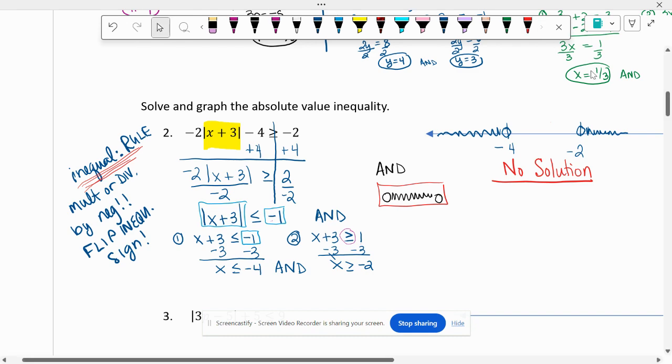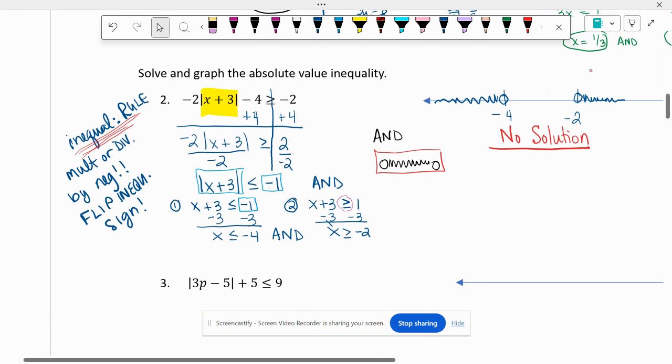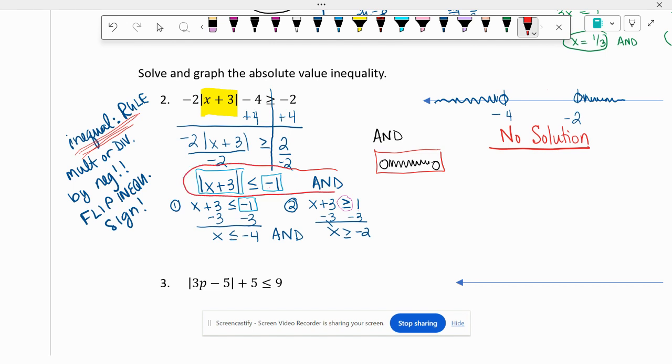I'm going to go back to the original absolute value before I split it into two inequalities. The absolute value of x plus 3 is less than or equal to -1. So I want you to think about all of the numbers that can be less than or equal to -1. Well, -5, -3, -2, -1.